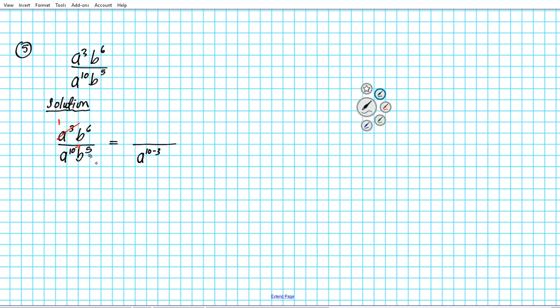Now for the b's, what's the story there? B to the 6th and b to the 5th. We can clearly see that the numerator will dominate here, so b to the 5th in the denominator divides to 1, and then you subtract that power from the numerator, so it's basically b to the 6 minus 5, and the final answer for question 5 is b to the 1st power, the invisible exponent, over a raised to the 7th power.